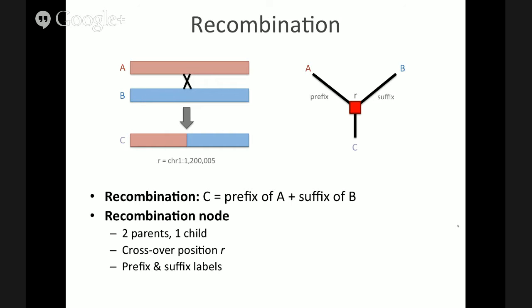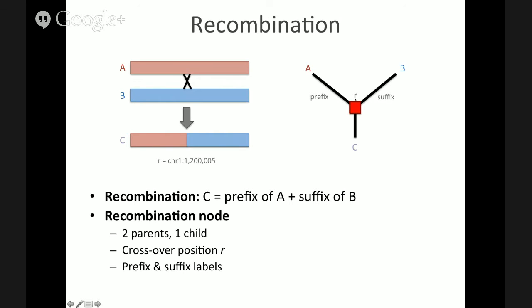And as a result, we get a new sequence C, which we can think of as the prefix of A concatenated with a suffix of B. All right? And then graphically, that would be like a node C that has ultimately two parents, A and B. They're labeled as one being the prefix and one being the suffix.